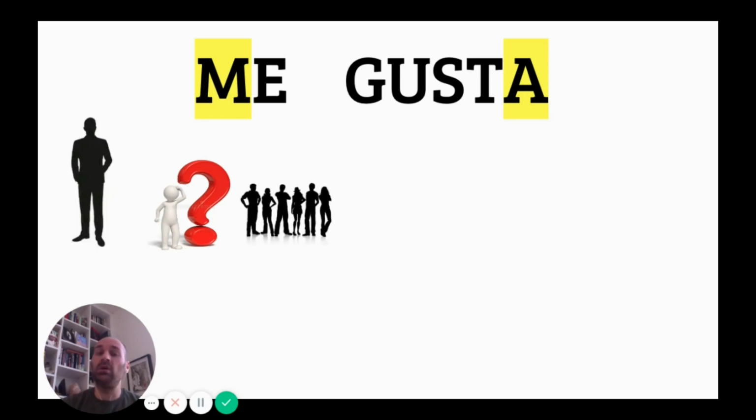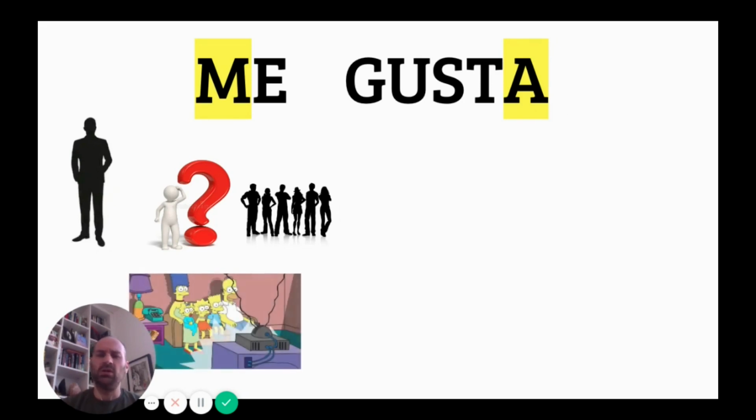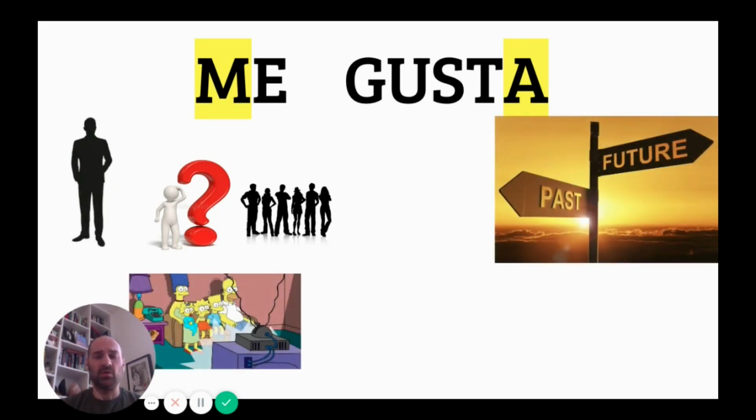And you can talk about the opinion of a group of people, maybe you and your family, you and your friends. And for the second category of patterns, you need to concentrate on the ending of the opinion. Because if you add something to that gusta at the end, you can talk about the past or you can talk about the future. So these are the two categories of patterns, and we start with number 1 right now.